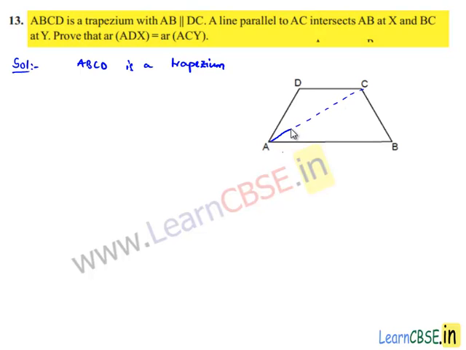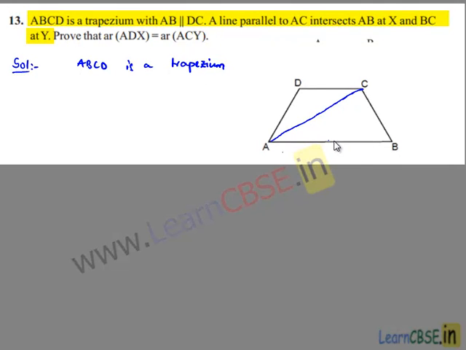Here he says that a line parallel to AC intersects AB at X and BC at Y. Therefore, let us consider a line parallel to AC intersecting AB at X and BC at Y. Then he asks us to prove that area of triangle ADX is equal to area of triangle ACY.